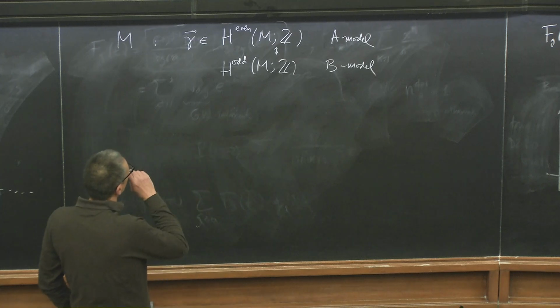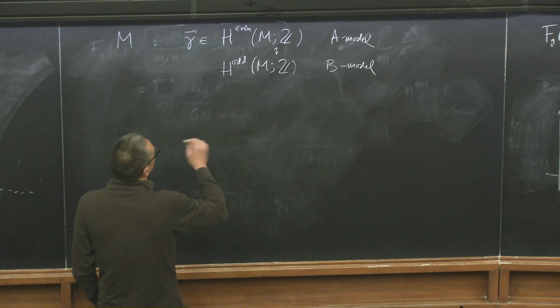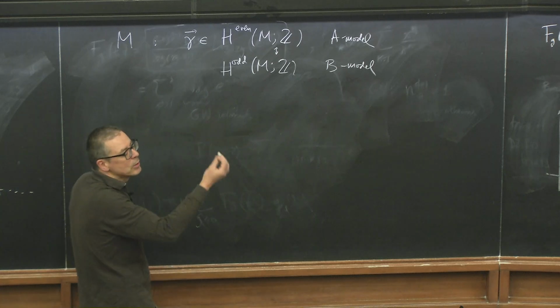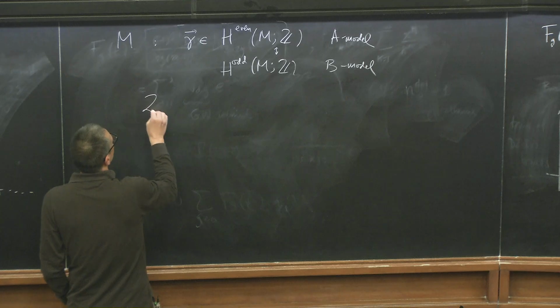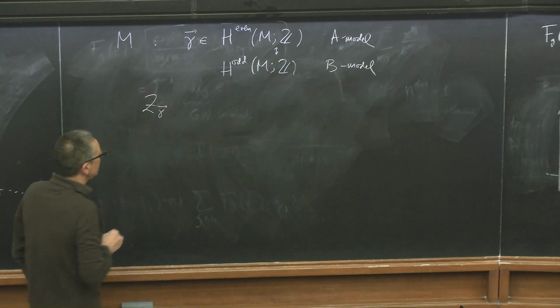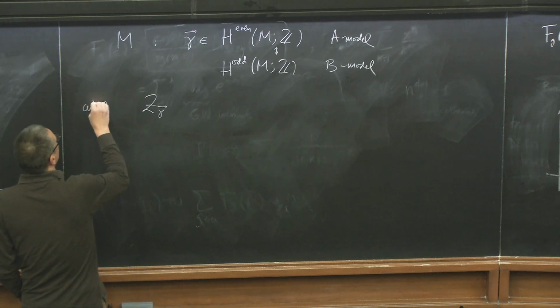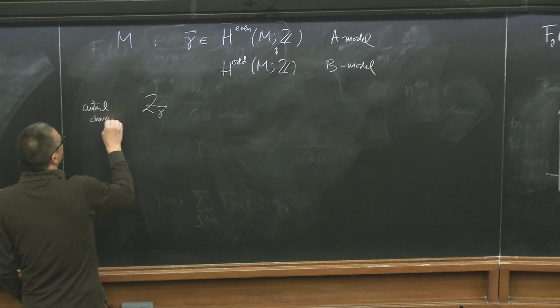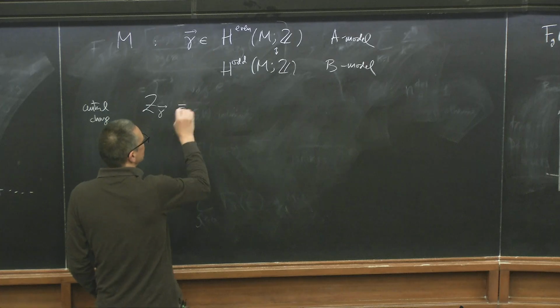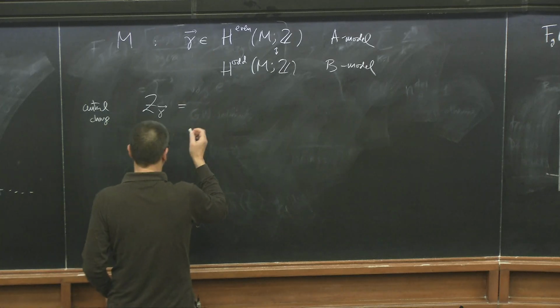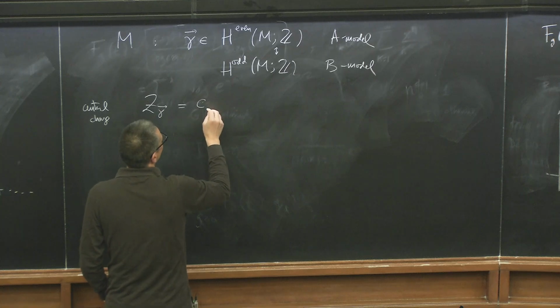Okay, so these are the kind of topological numbers of these quantities. And then we have a quantity which is the central charge associated to them. And I'm going to simplify a little bit. This is very, very much simplified. Well, let me actually write the actual thing.